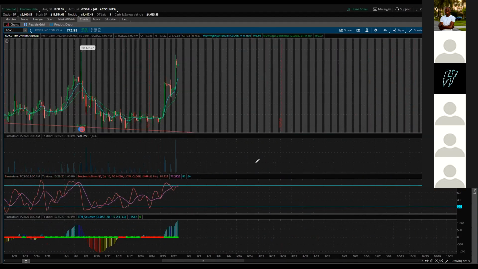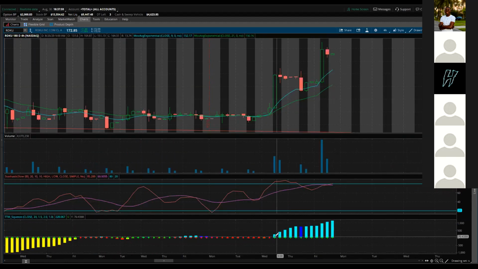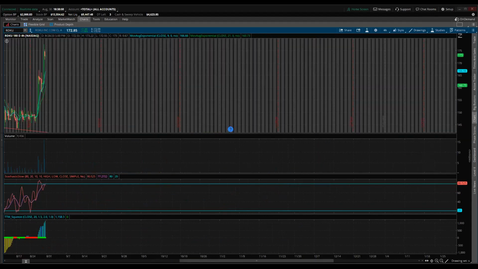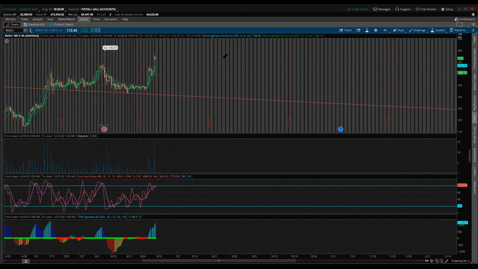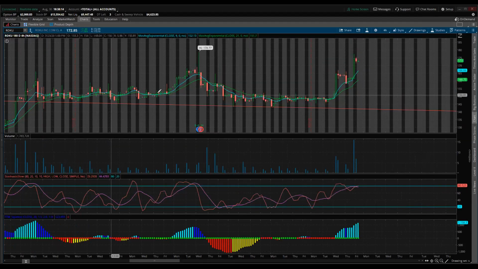It doesn't show this on the mobile app, but these green circles compared to the red circles mean that it's good to enter a trade. When the circles are red, it's in consolidation and it's not moving. There's no momentum behind the stock. So you see this whole area, you wouldn't trade it because there's no big moves for you to trade.